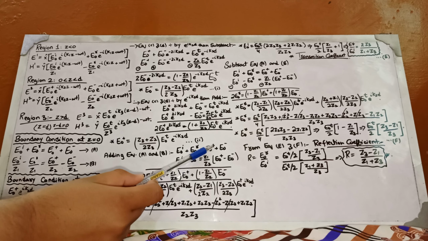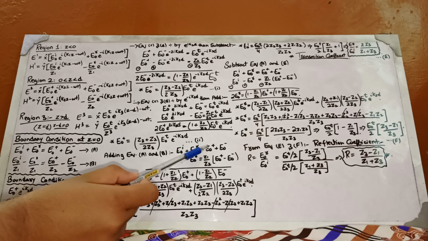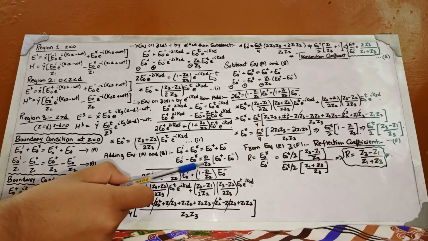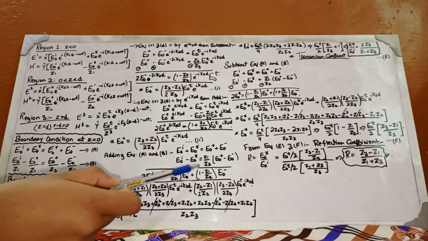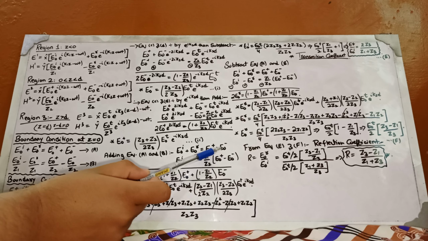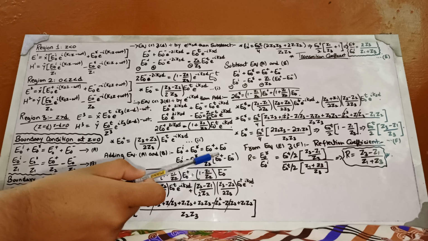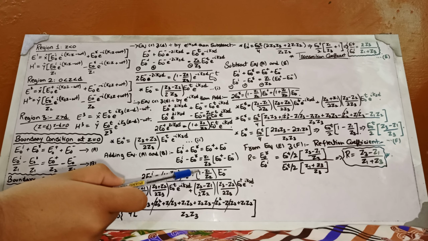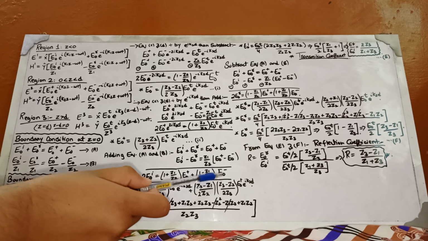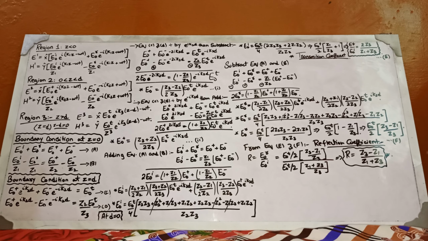Taking common E naught plus from these two, here is 1 and here is z1 by z2, so it becomes 1 plus z1 by z2 times E naught plus. Again, for E naught minus common, here is 1 and here is minus z1 by z2, so it becomes 1 minus z1 by z2 times E naught minus. So this is simply the addition of both equations.